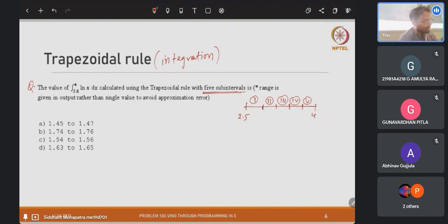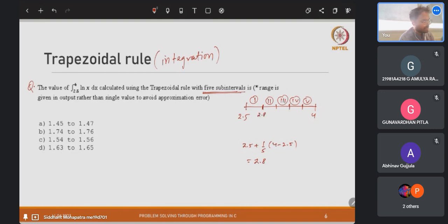So this point would be 2.5 plus 1/5 into 4 minus 2.5, right? So I want to divide this section between 2.5 and 4 into 5 equal divisions. The total distance is 4 minus 2.5, which is 1.5. I divide that in 5 divisions, that means I get 0.3. So my first point would be 2.8, right?